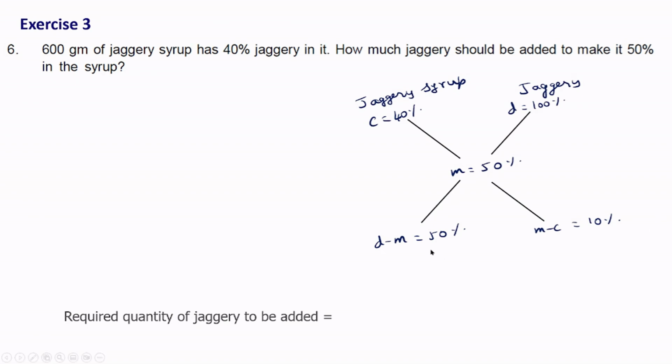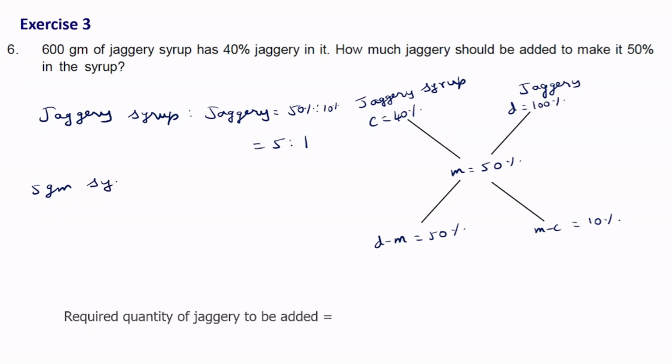So using this, the ratio of jaggery syrup to jaggery is 50% is to 10%. So it is 50 by 100 is to 10 by 100, or it is 5 is to 1. So for every 5 grams of jaggery syrup, we have to add 1 gram pure jaggery.